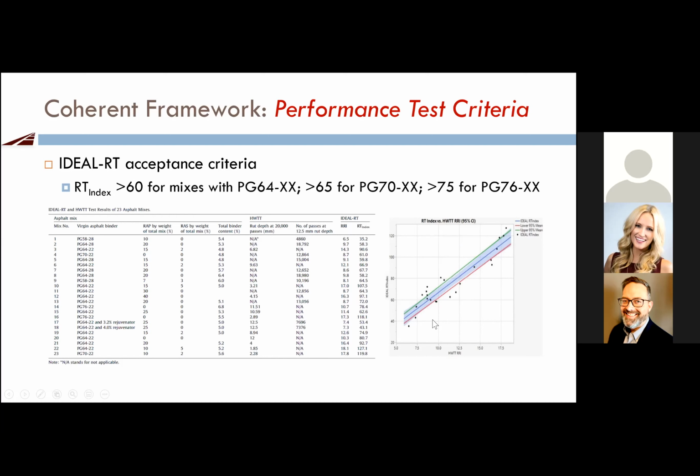Based on this correlation and also existing Hamburg test result criteria, we came up with this RT criteria for mixes with different types of binders. For mixes with PG 64 binders, the minimum requirement is 60, and for 70 binders it is 65. For mixes with 76 binders it is larger than 75. So we have this RT criteria.